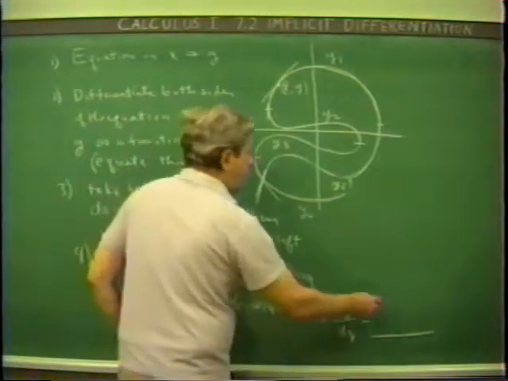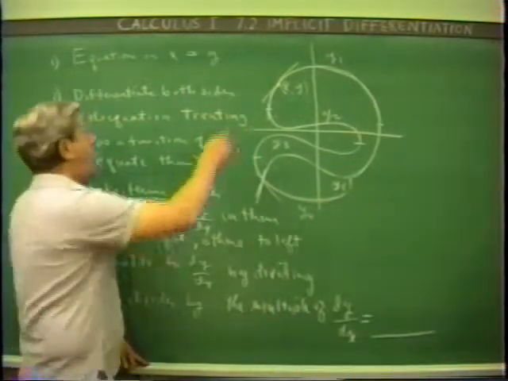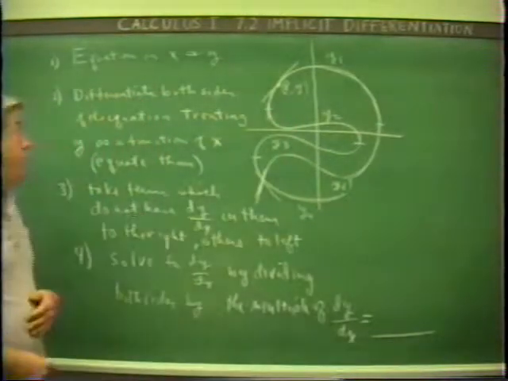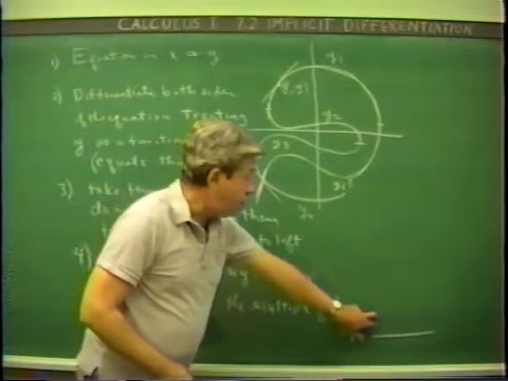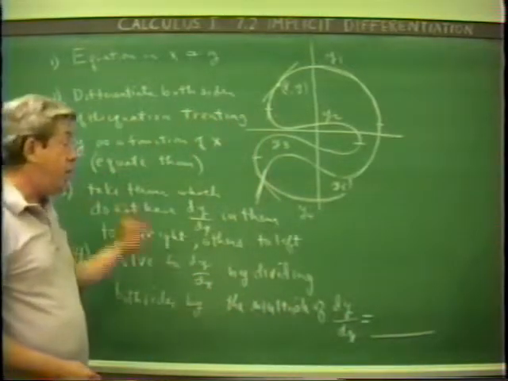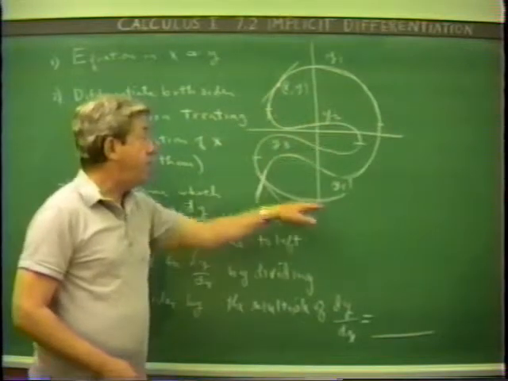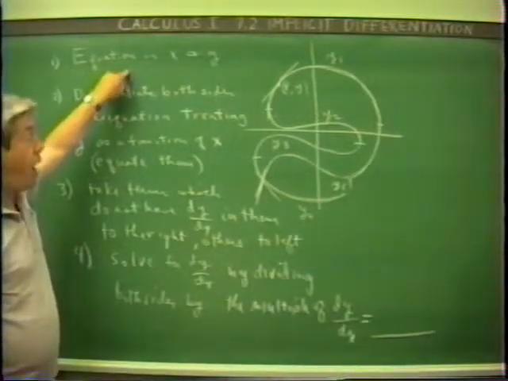However, the expression that you get for dy/dx will agree with a different expression at each point on the curve, and it will tell you the slope of the tangent at each point on the curve. However, this expression for dy/dx is not unique. There may be several of them. However, all of them are going to agree on the given curve that satisfies this equation in x and y.